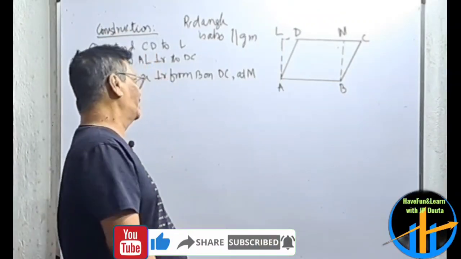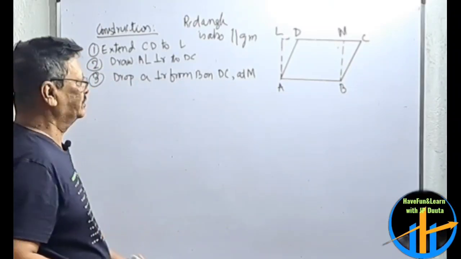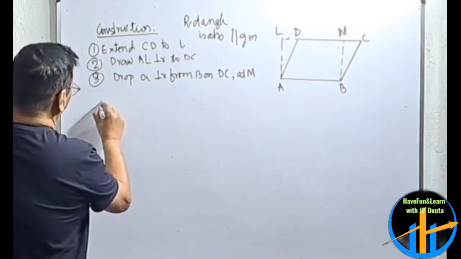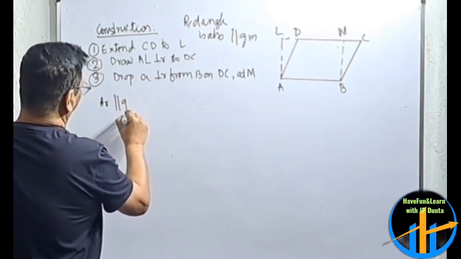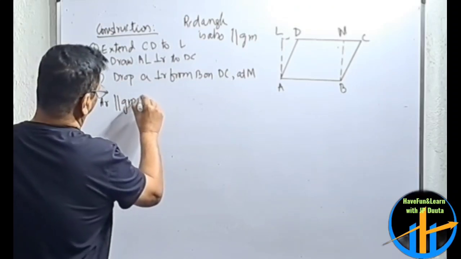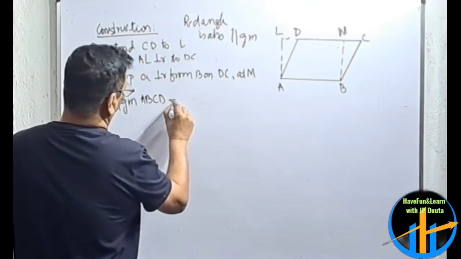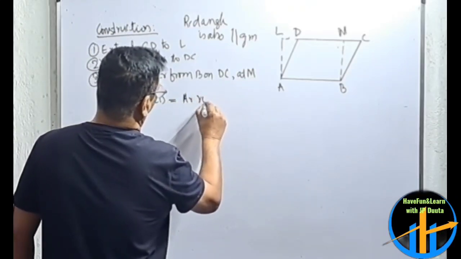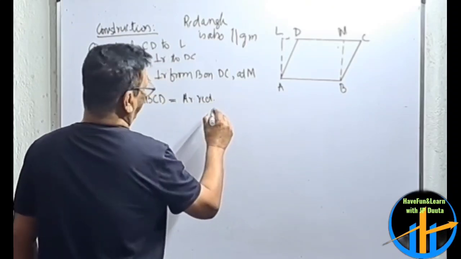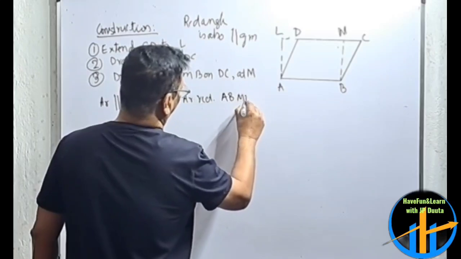Okay, now let's get back to our topic. Now see, using the previous theorem, we say that area parallelogram ABCD is equal to area rectangle ABML.